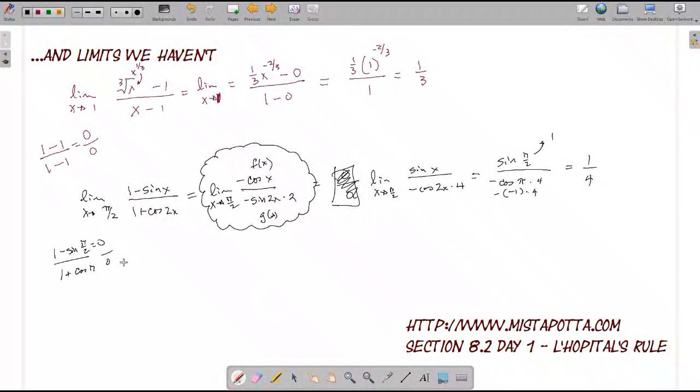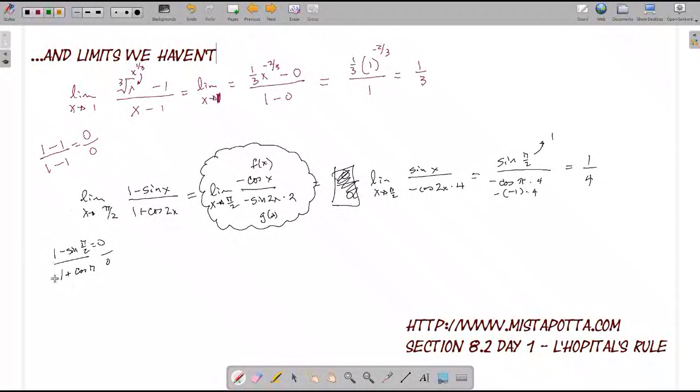As long as I have the indeterminate form, I can use L'Hopital's rule. And so this allows me to do things repeatedly. There's one other example that I wanted to do here.